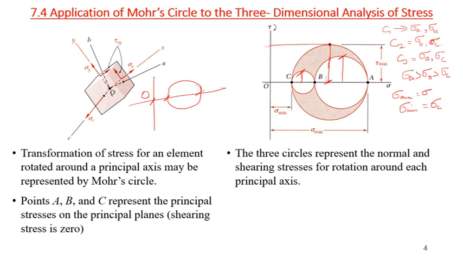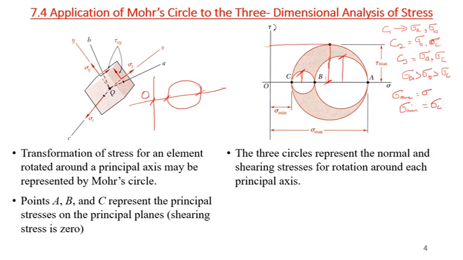Now we are interested in the maximum shear stress, because if you remember, ductile materials are weak in shear. Sometimes you need the value of the maximum shear stress at a certain location.